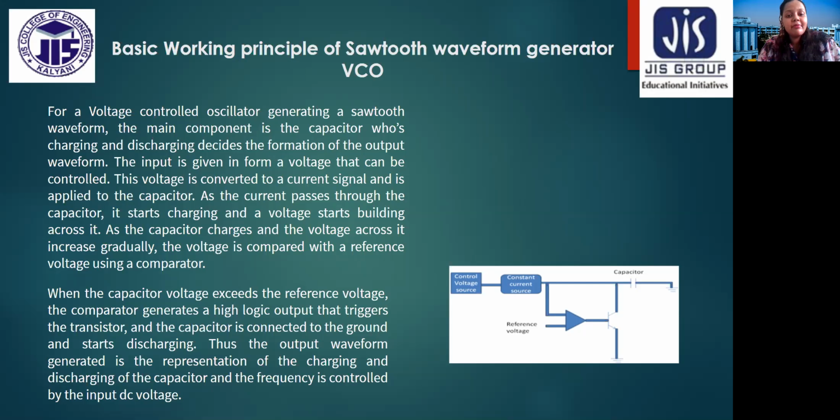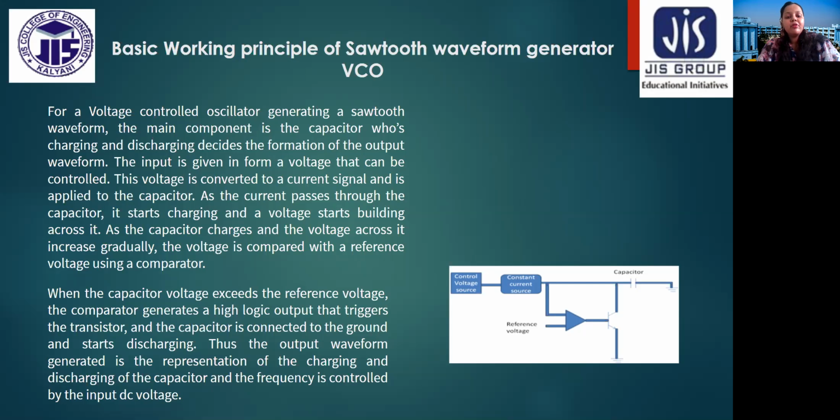The input is given in the form of a voltage that can be controlled. This voltage is converted to a current signal and applied to the capacitor. As the current passes through the capacitor, it starts charging and the voltage builds across it. As the voltage across it increases gradually, it is compared with the reference voltage using a comparator.